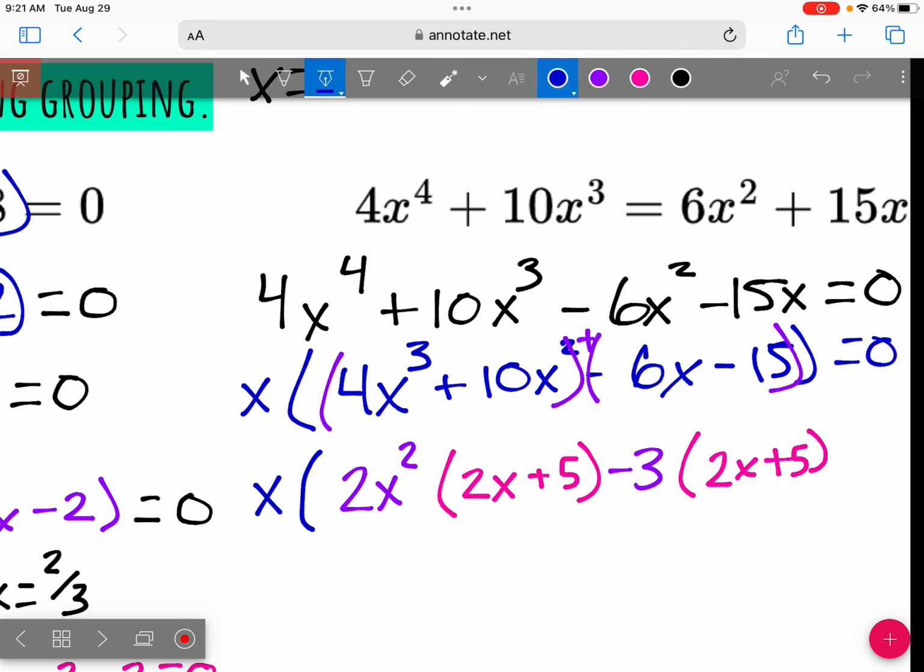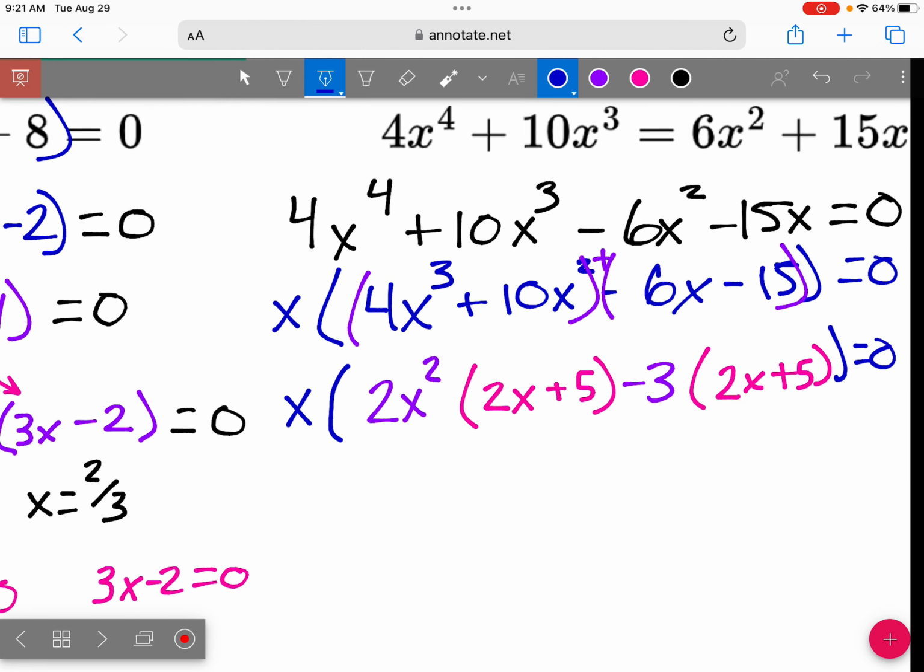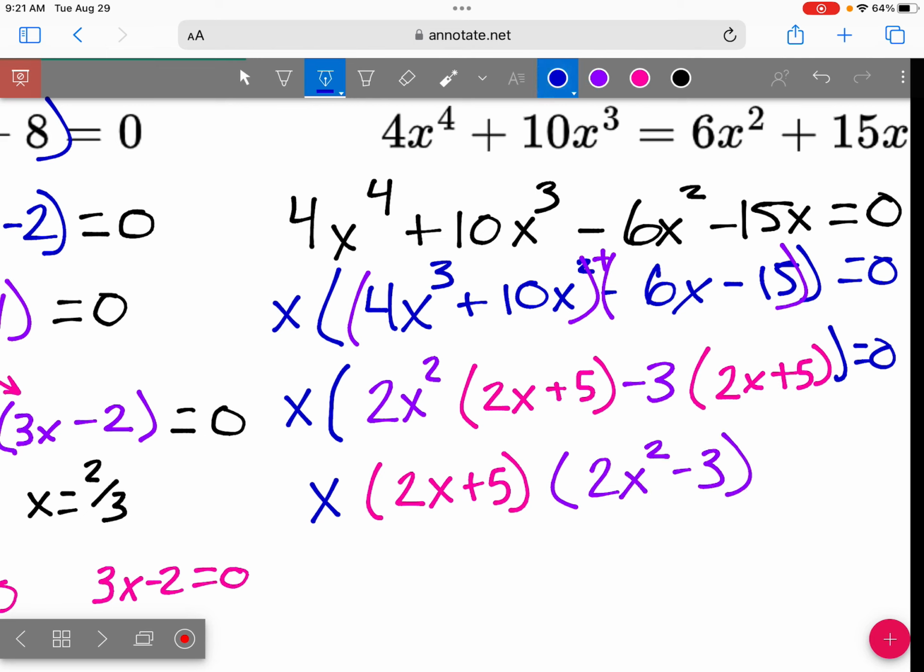And close the blue one equals 0. So we have x times, let's see, I'm going to put the big one first, 2x plus 5 times 2x squared minus 3.